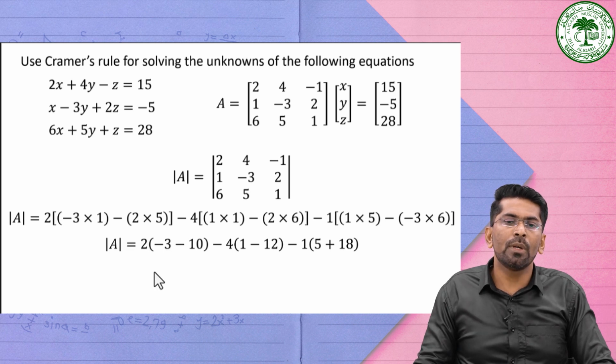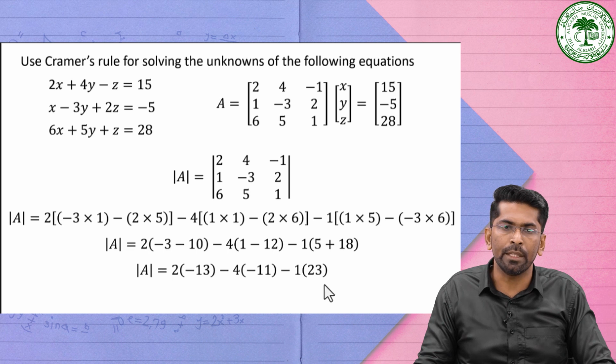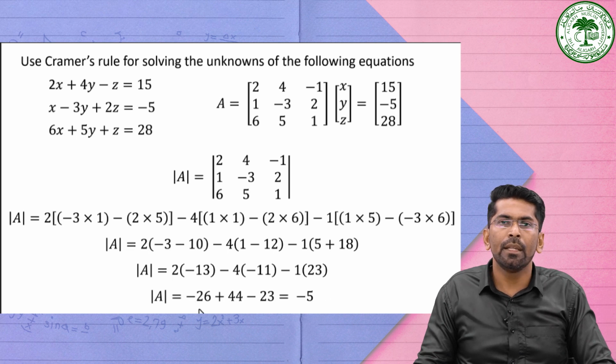Simplifying again, 2 into minus 3 minus 10 is minus 13, minus 4 into 1 minus 12 is equal to minus 11, then minus 1 into 5 plus 18 is equal to 23. Simplifying it, it is minus 26 plus 44 minus 23, which is equal to minus 5. So the determinant value of the given matrix is equal to minus 5.